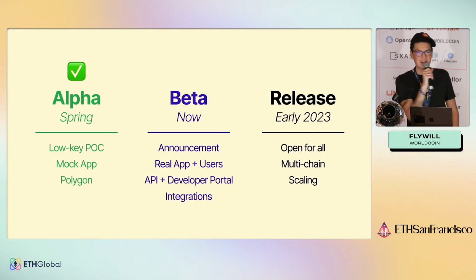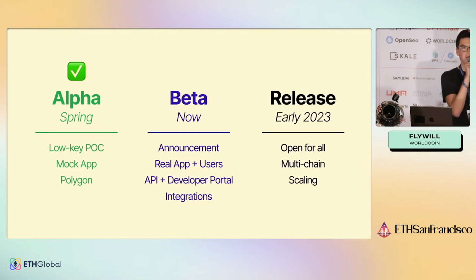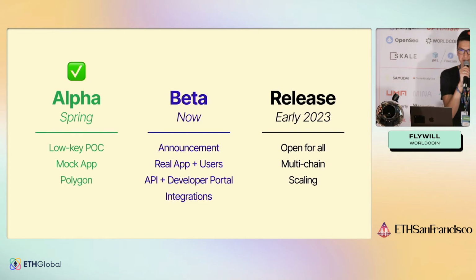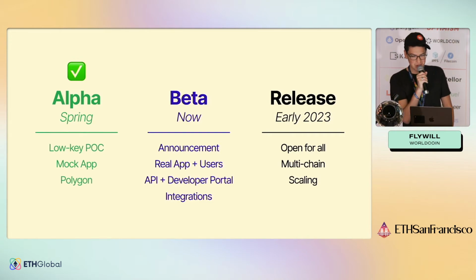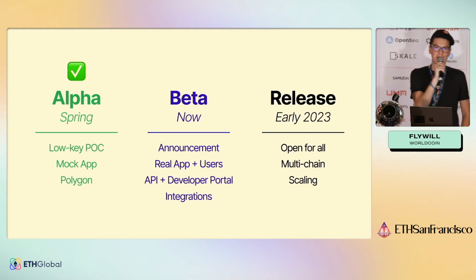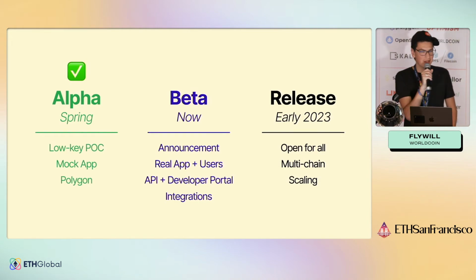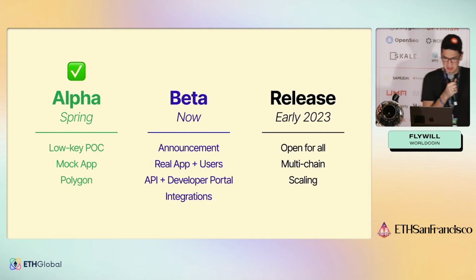If you have a Lens profile, you can actually get it verified with your World ID. You'll get a very nice badge in Lenster, and will know that your profile belongs to an actual person. We have a POAP integration, so make sure that a person's only claiming a POAP once. It's pretty cool to prevent farming of POAPs and things like that.